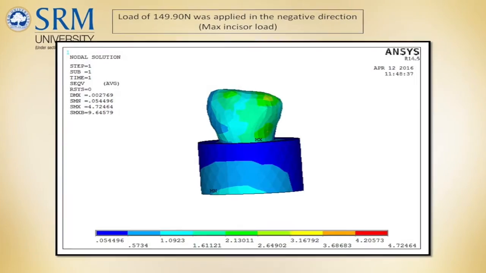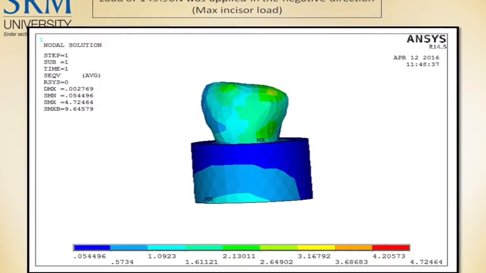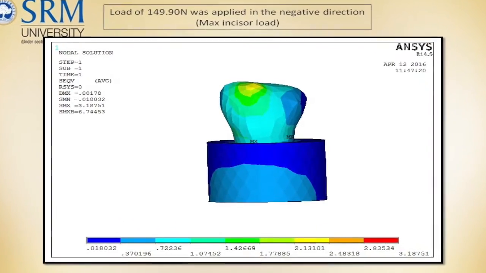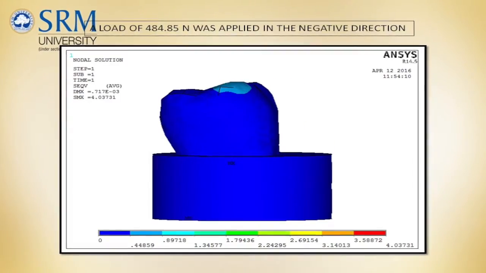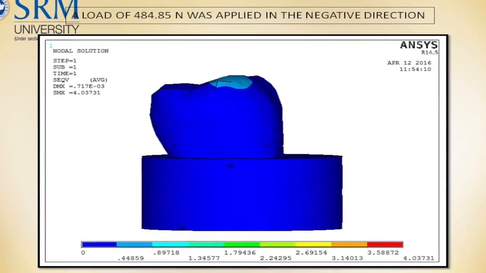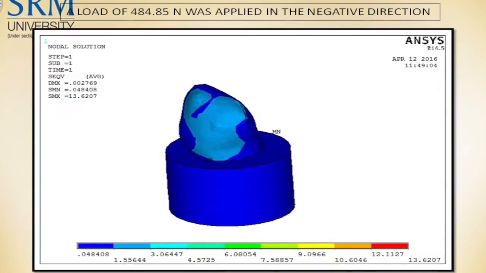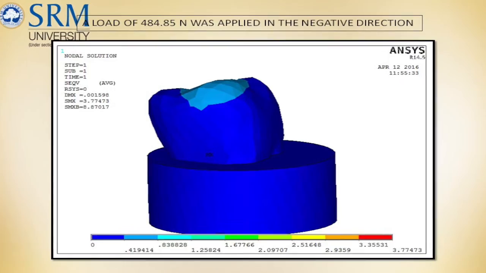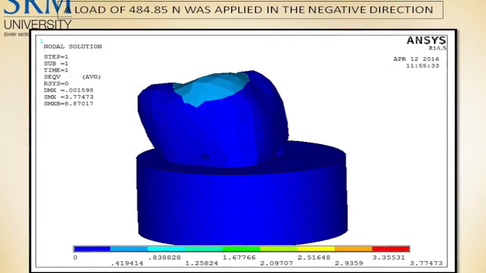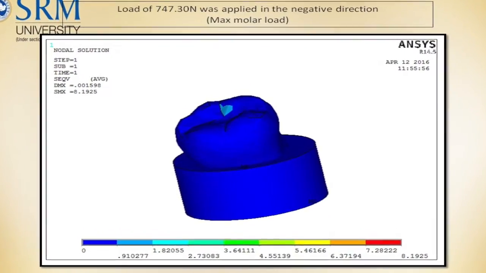So next, I took out the molar position, the incisor position and the canine position of the tooth, and I did the whole process separately for all 3 regions and analyzed the results again. For the molar tooth, this time I did not apply the average force of 353 Newton, but I applied the maximum force a molar tooth can bear, which is 747 Newton.